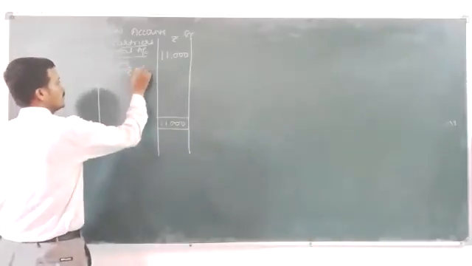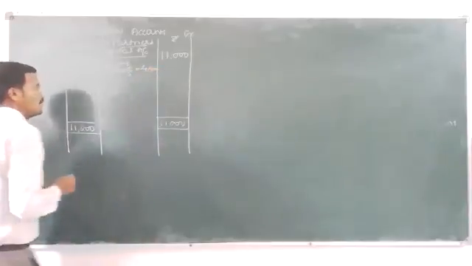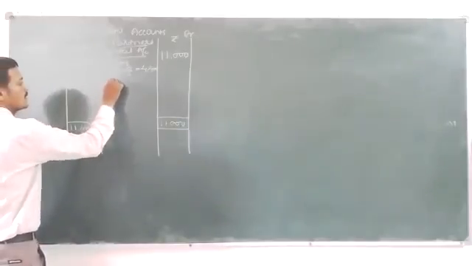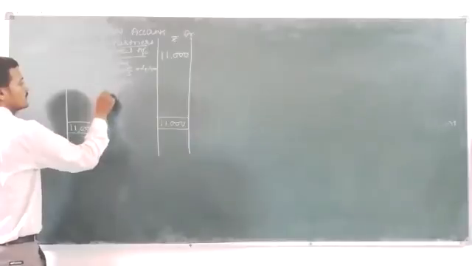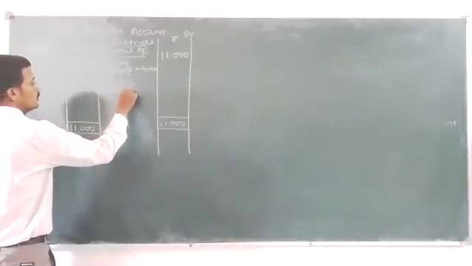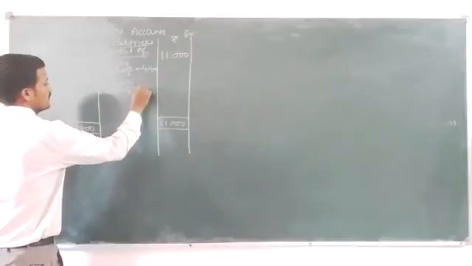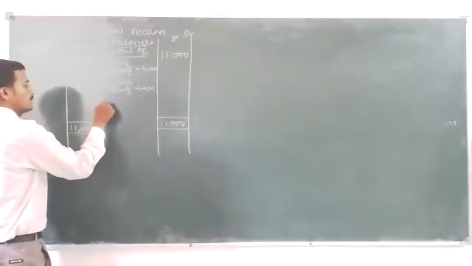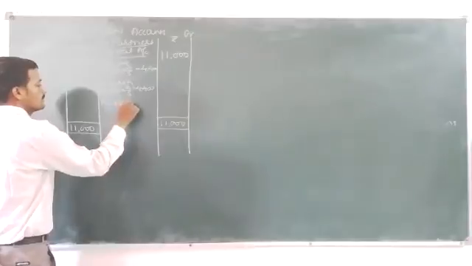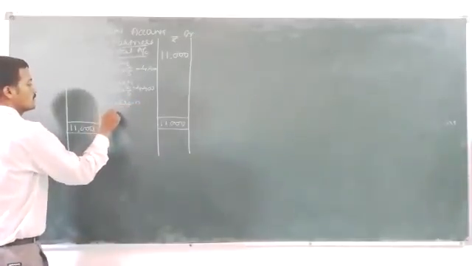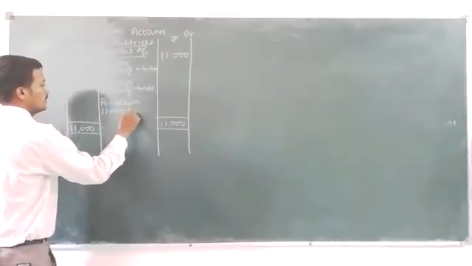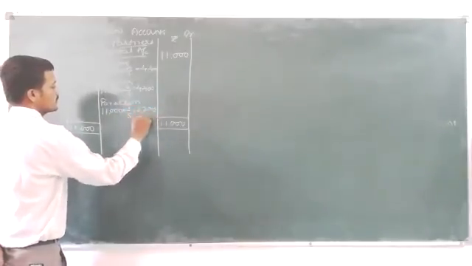That comes to 4,400. Next is Brijesh, that is 11,000 into 2/5. That comes to 4,400. And next is Parakram, 11,000 into 1/5. That comes to 2,200.